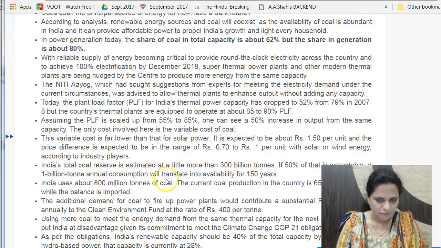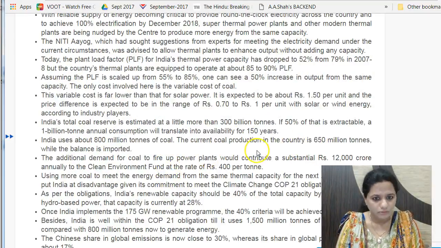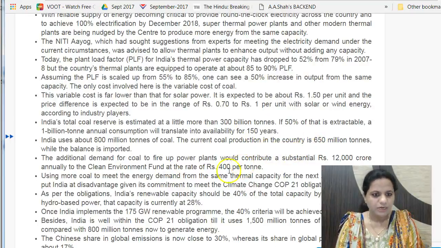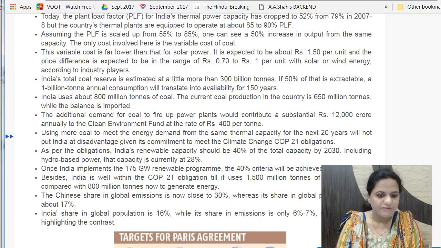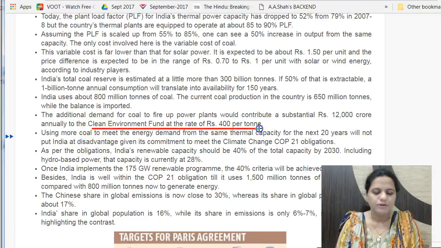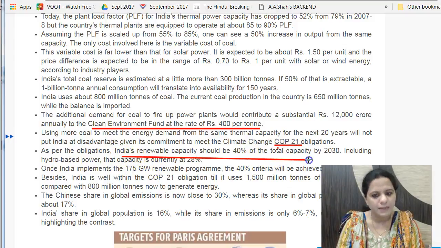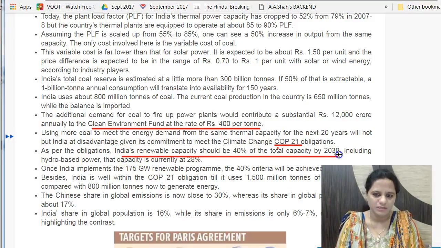We already have coal reserves. We also import coal. On coal production and coal usage, there is a levy which is imposed, which goes to the Clean Environment Fund at the rate of 400 per ton. This also can be utilized for renewable energy. It is said that as per the obligations under COP21, the Paris Accord, India's renewable energy capacity should be 40% of the total capacity by 2030.